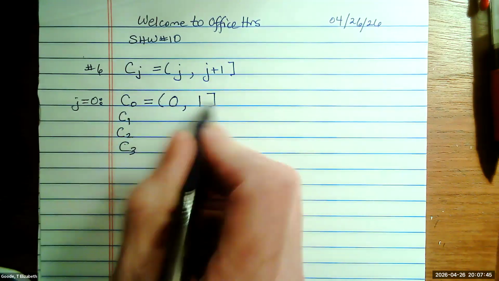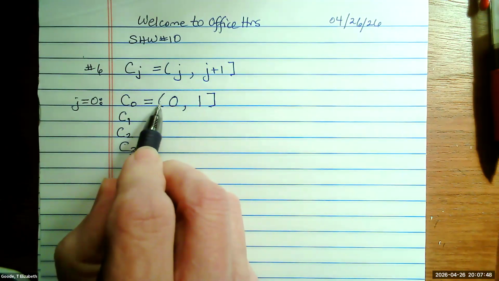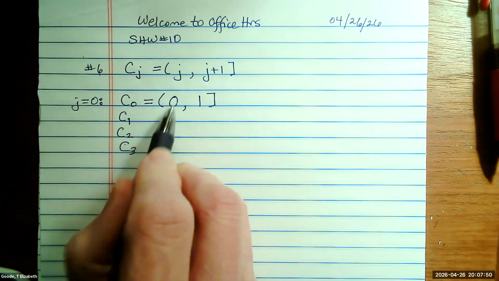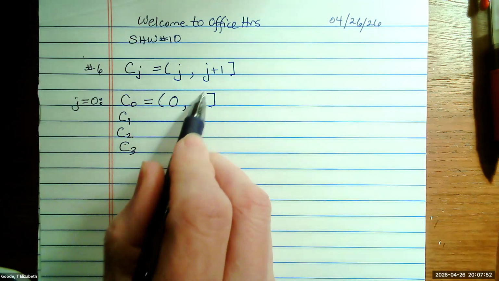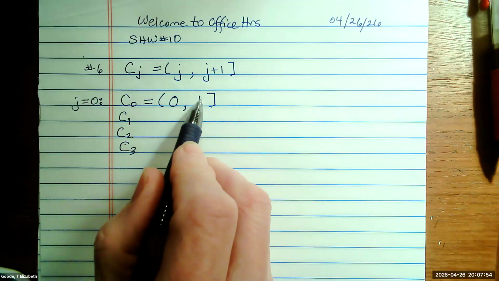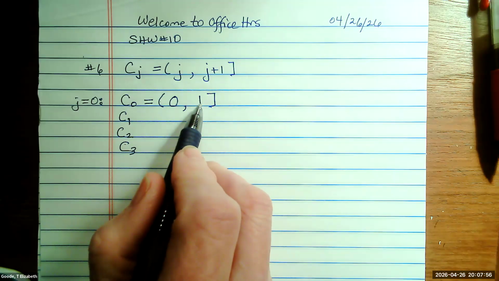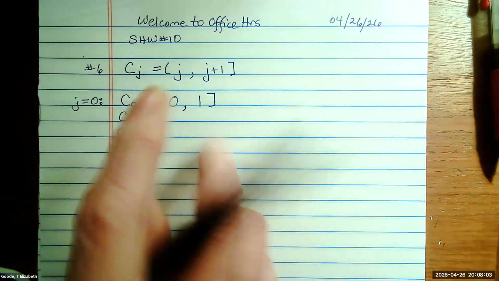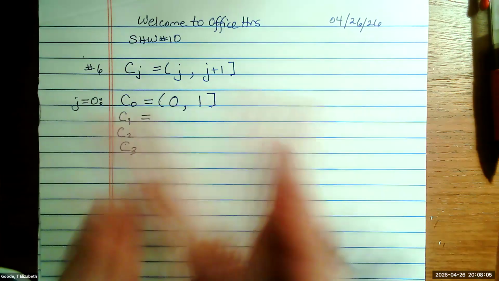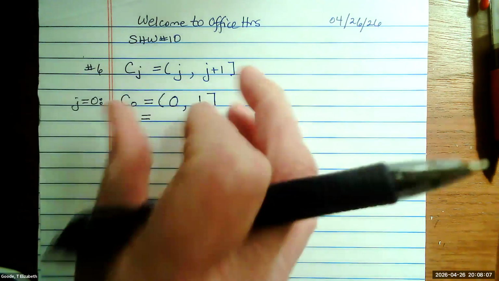These brackets and parentheses matter. Remember, soft parentheses means we're not including the 0. But the square bracket next to the 1 means we are including the 1. Okay? And there's an example very similar to this in the class notes. It's just that the soft bracket and the square bracket are in the other order.